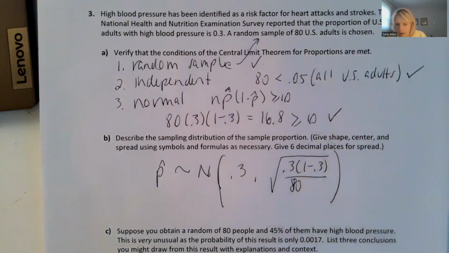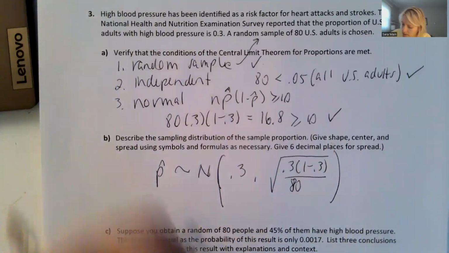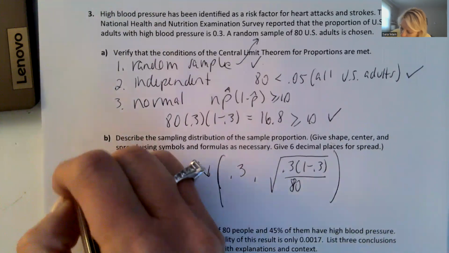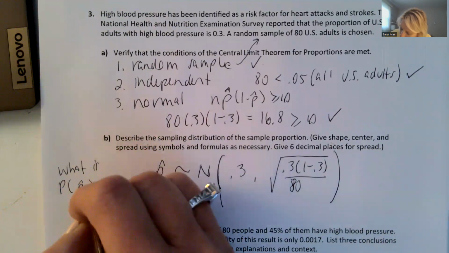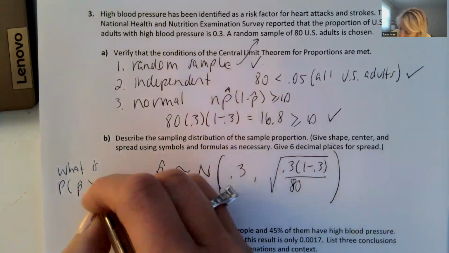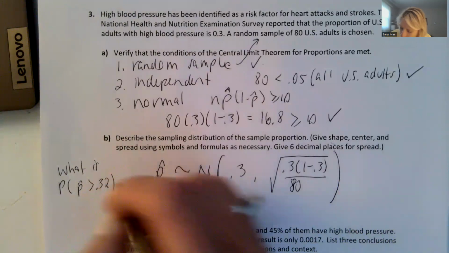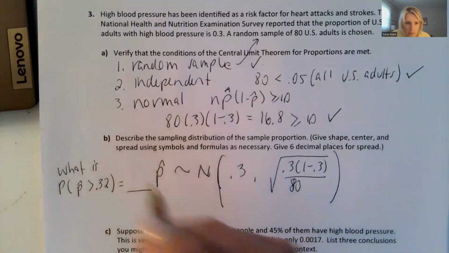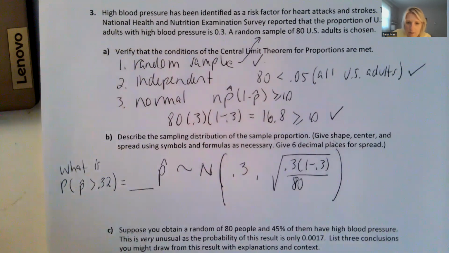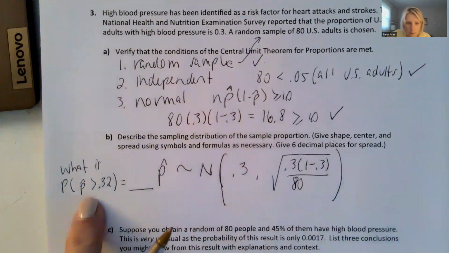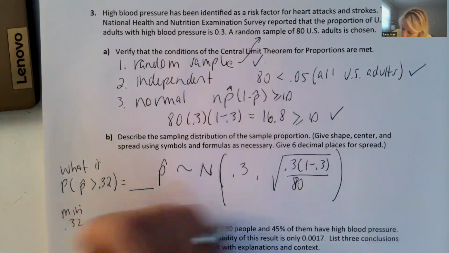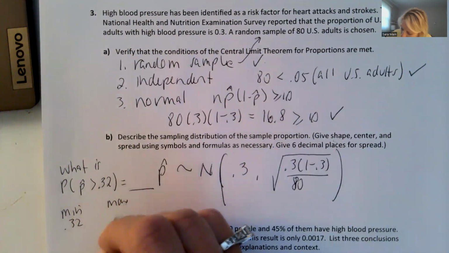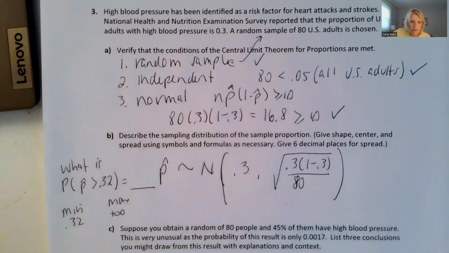I'm going to throw in another question that's not on the worksheet. What is the probability that the proportion is bigger than 0.32? You're going to use these in your normal CDF, looking for when the min is 0.32 and the max is positive infinity.